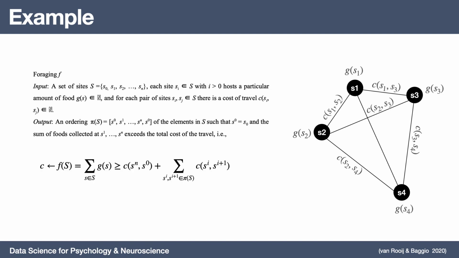Functionally, you can present it as a set of equations like this, where your capacity for foraging takes the inputs S, which are the sites, and sums across all of those sites the amount of food that you would get over the cost it takes to visit any pair of sites, plus the overall cost of the sites that you visit itself.